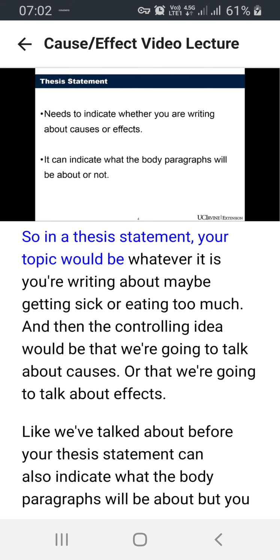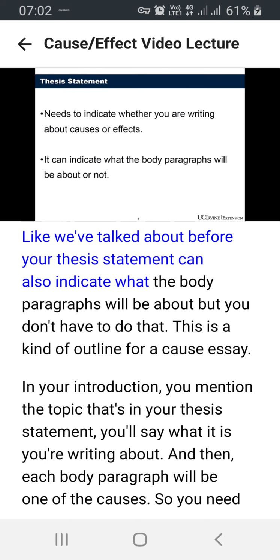So in a thesis statement, your topic would be whatever it is you're writing about, maybe getting sick or eating too much. And then the controlling idea would be that we're going to talk about causes or that we're going to talk about effects. Like we've talked about before, your thesis statement can also indicate what the body paragraphs will be about, but you don't have to do that.